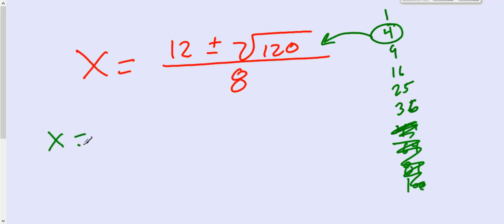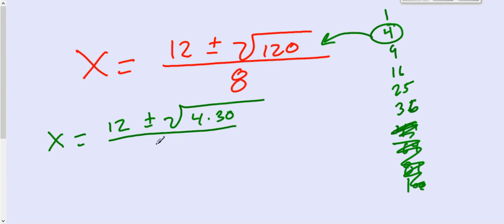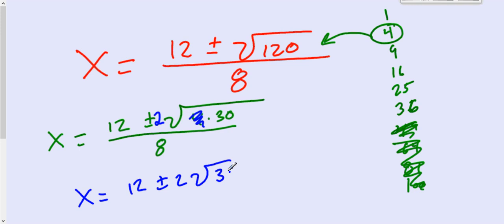So we get x is equal to 12 plus or minus the square root of 4 times 30 all over 8. We can square root the 4, which brings a 2 to the outside. So now we have x equals 12 plus or minus 2 square root 30 all over 8.